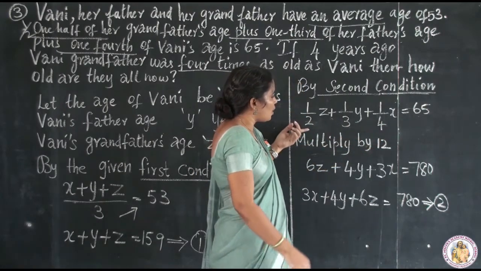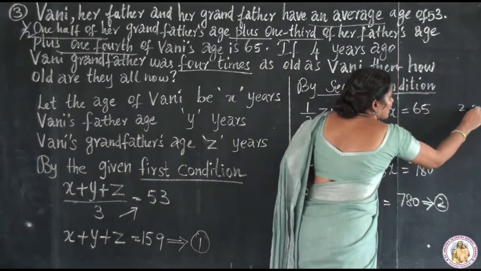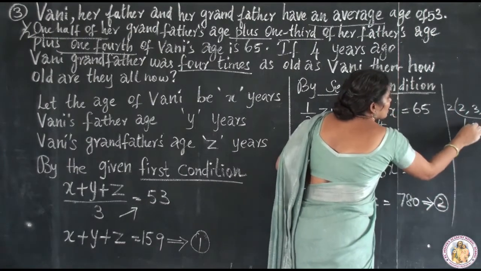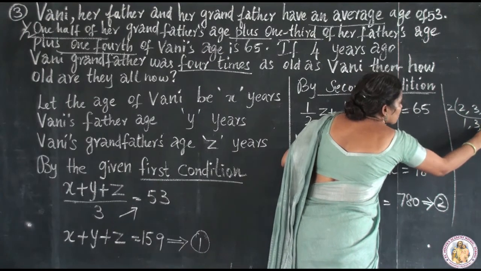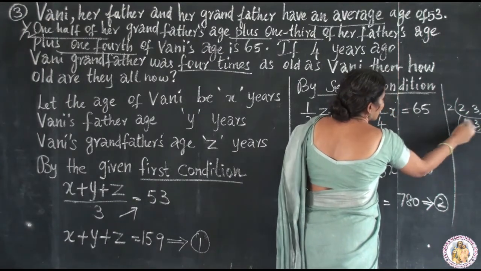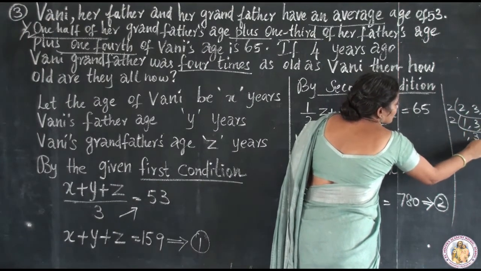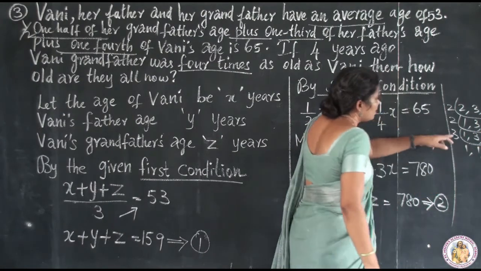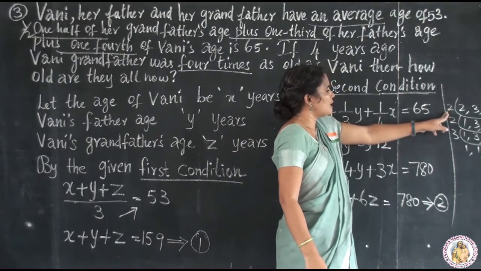Taking the LCM for 2, 3 and 4. 2 ones are 2, 2 2s are 4, 3 2s are 6, 6 2s are 12.